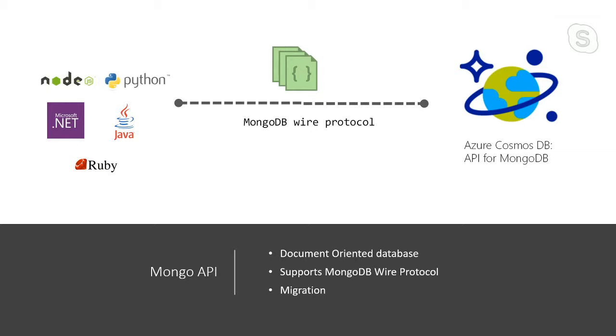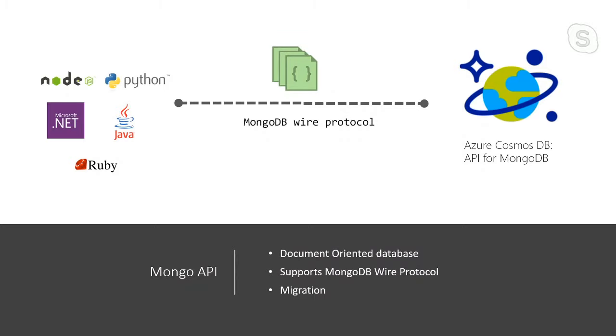And the reason I talked about new applications is because of the Mongo API. Mongo API is generally used for migrating applications that use MongoDB via protocol over to Cosmos DB. And again, the data is very similar, in that it's JSON or BSON, which is the Mongo data type, very similar to JSON.